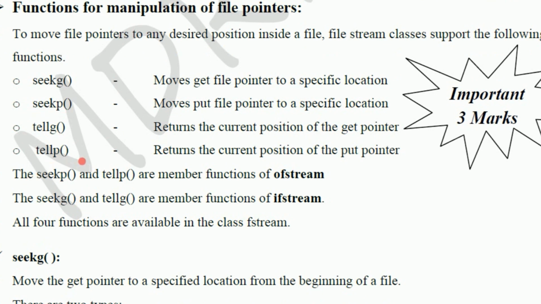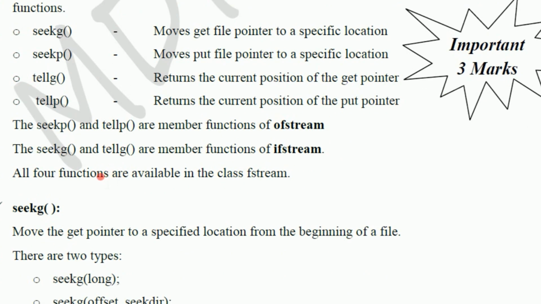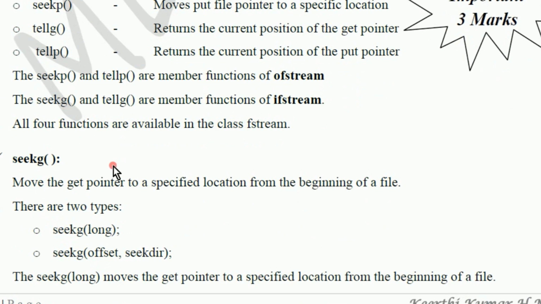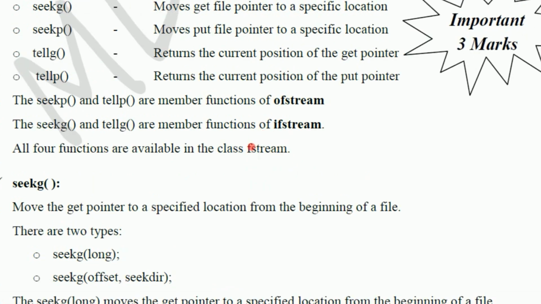That means seekp and tellp are related, seekg and tellg are related. seekp and tellp are member functions of ofstream. seekg and tellg are member functions of ifstream. All four functions are available in the class fstream. That we have to remember.